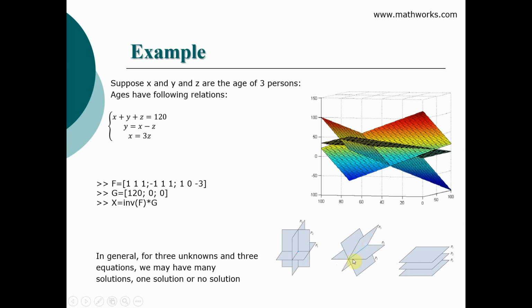The similar case can happen if P1 and P2 and P3 lie on top of each other, or two of them lie on top of each other and the other one intersects them. So you can have one solution, you can have infinite solutions, and you can have no solutions. If the three planes are parallel to each other, then there's no point that exists at the same time on all P1, P2, and P3.